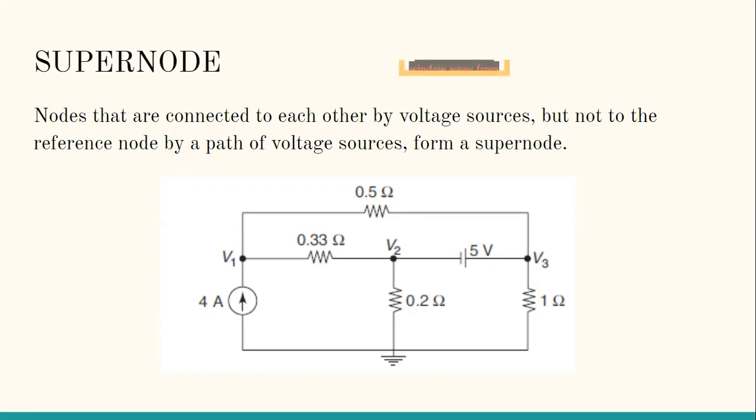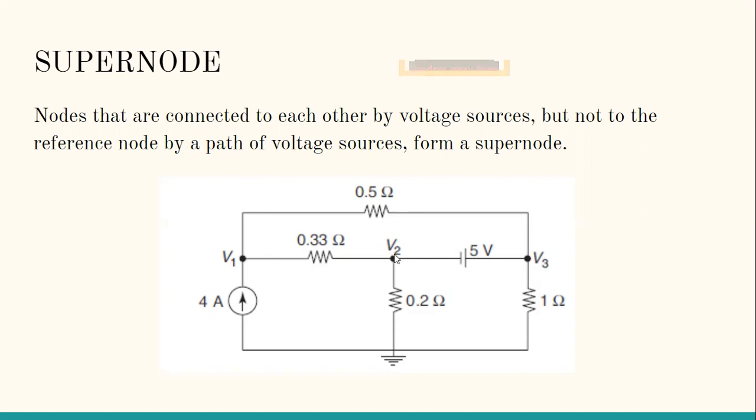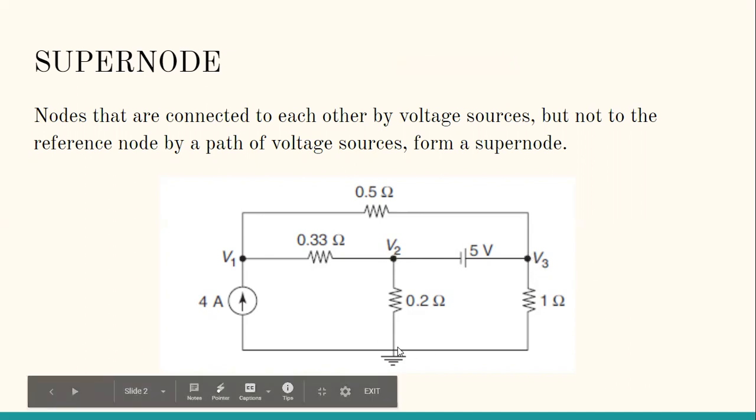But if from the given nodes in a circuit, between two nodes, we have only a voltage source without any other component, in that case, such nodes form a supernode. So, as shown in this figure, there are a total of four nodes in this circuit: node 1, node 2, node 3, and node 4.